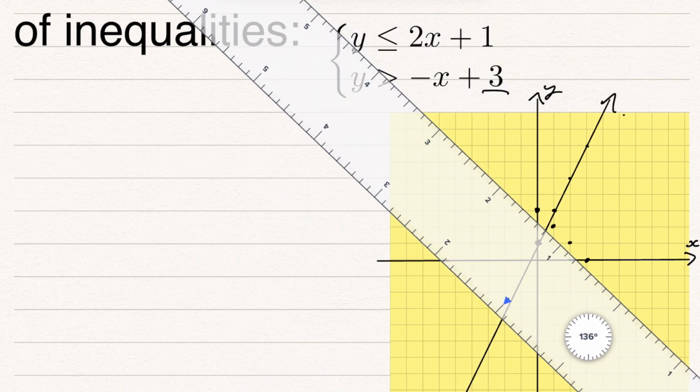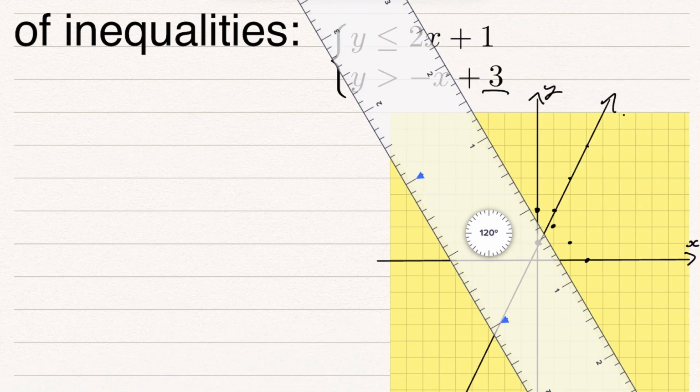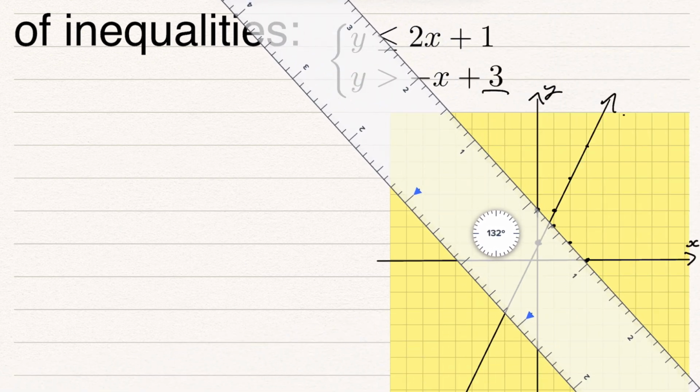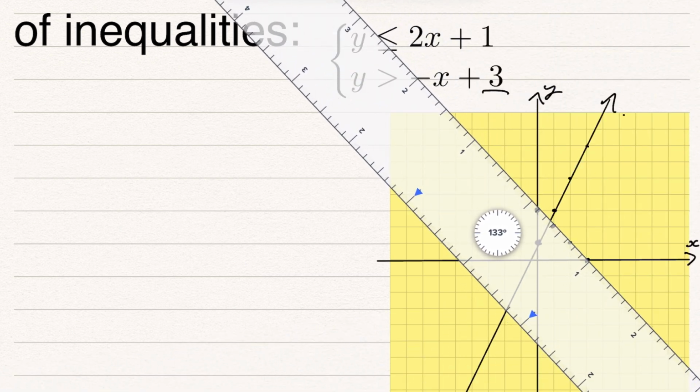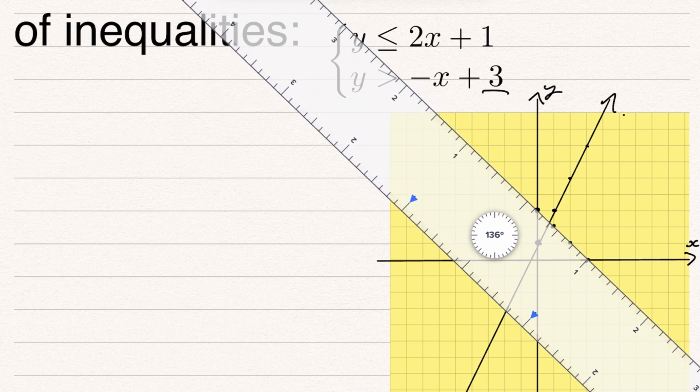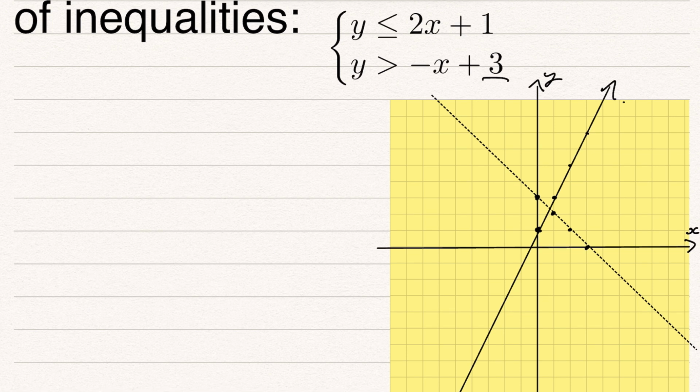As we draw this one, we connect our points as neatly as we can, and we draw our dotted line. Put away our ruler for now.